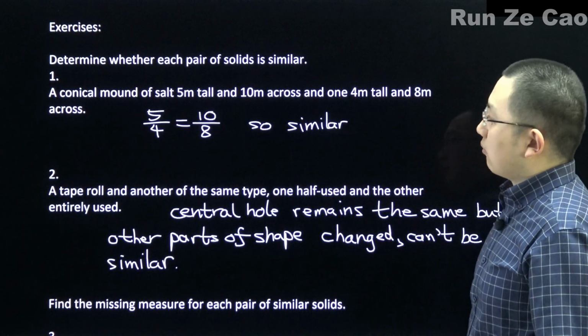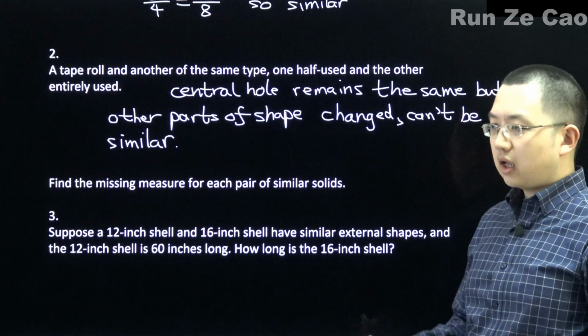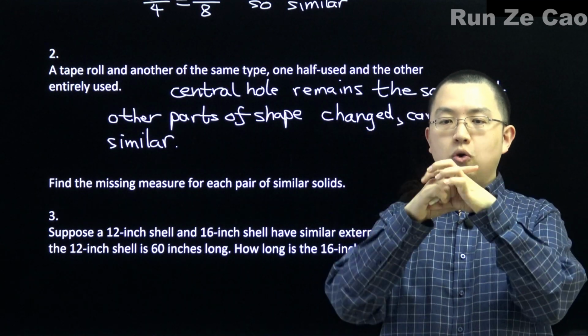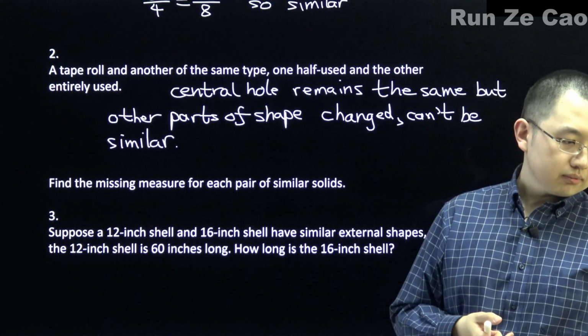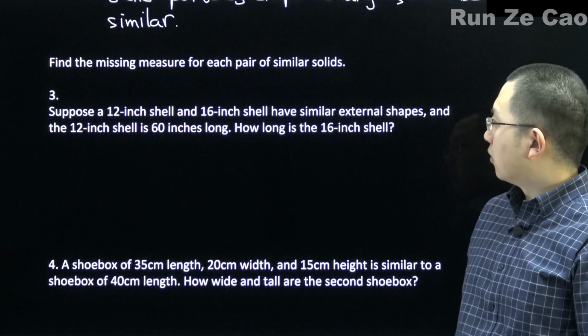Or use a roll of tape, for that matter. So, if you shrink the thickness of the tape layer by a certain amount, you got to shrink the central hole as well, which is not going to happen as you use a roll of tape. So the proportions can't hold.